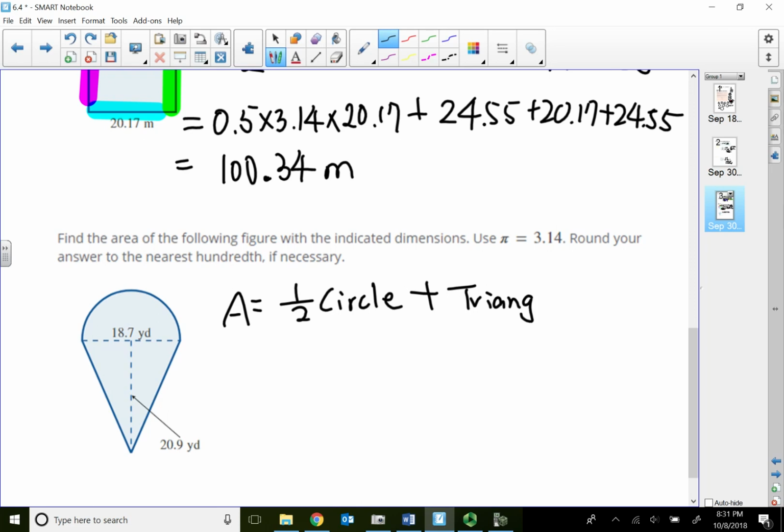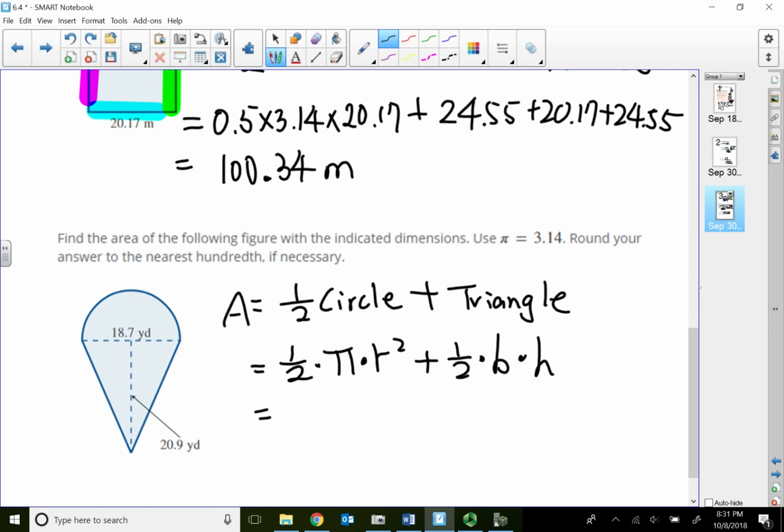If you look on the formula sheet, area of a circle is pi times radius squared. So this time I need half of the area, so I times by half, or 0.5, plus area of a triangle. Okay, area of a triangle will be half times base times the height.